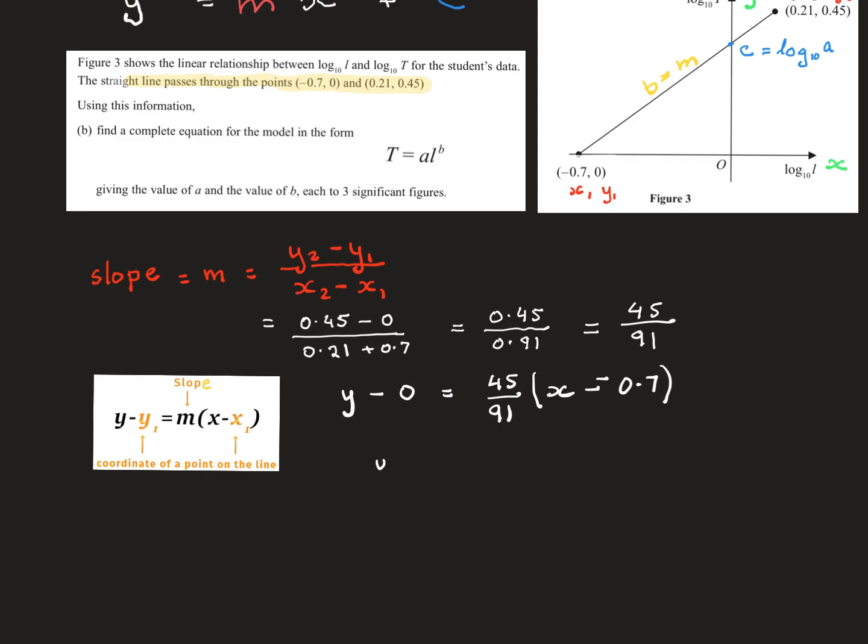And that ends up with y equals 45 over 91 x plus this, so that becomes y is equal to 45 over 91 x, and this is going to be our value c here, which is 9 over 26.